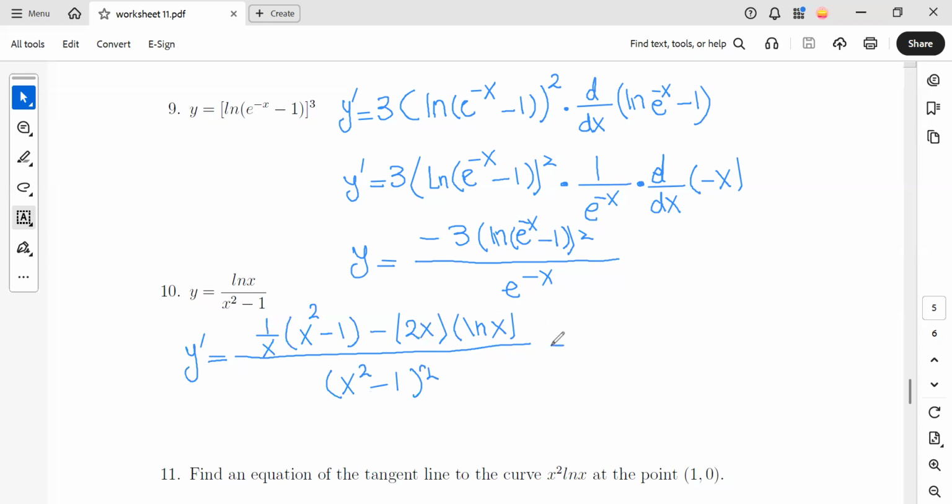So we can simplify, we can multiply 1 over x into the next parentheses.